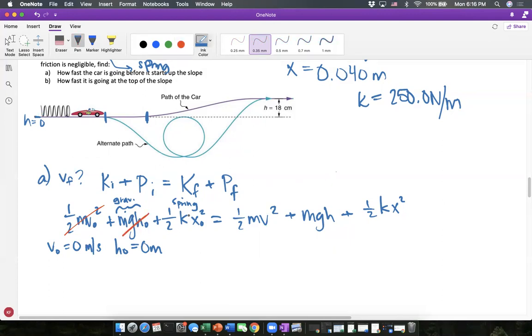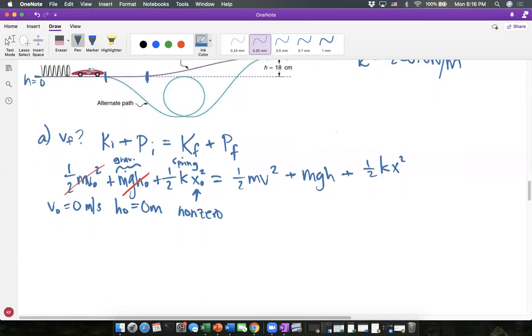We do have in this spring potential energy that our x naught, this displacement of the spring, is non-zero. I'm gonna go ahead and write non-zero. So we keep this part of our equation. So these two canceled since we had 0 values, but now we have this 1/2 kx squared, okay, equals.